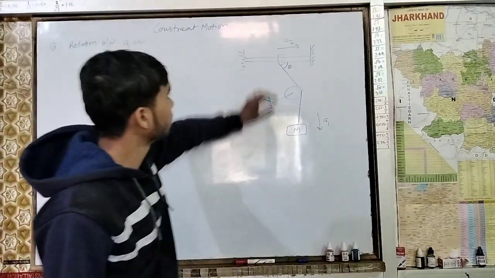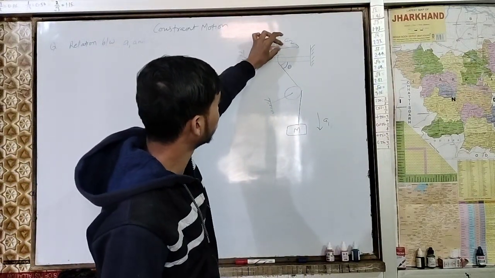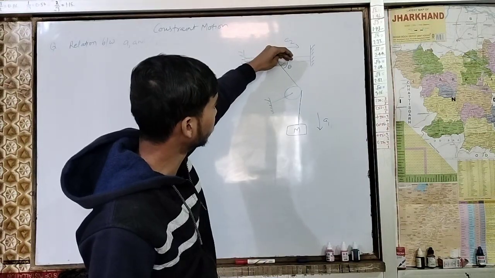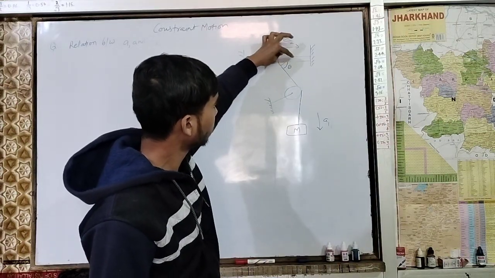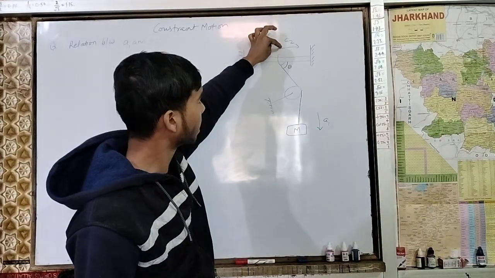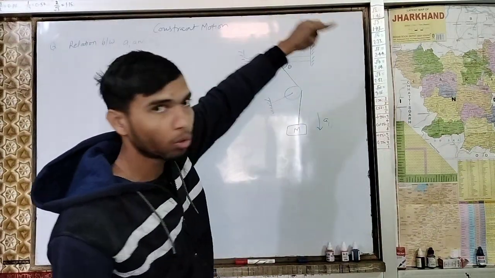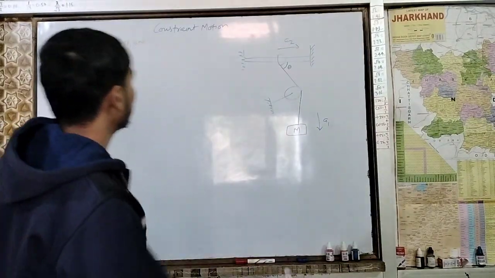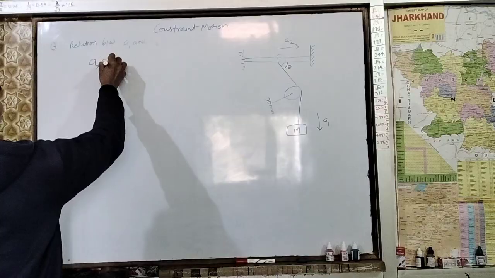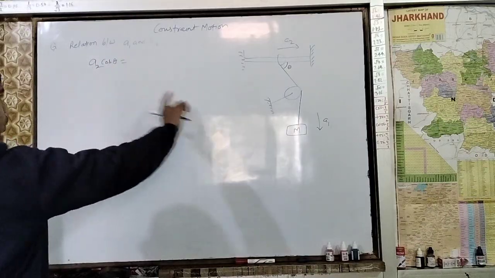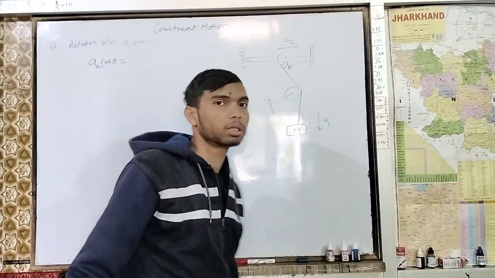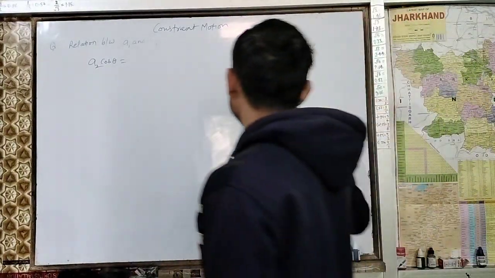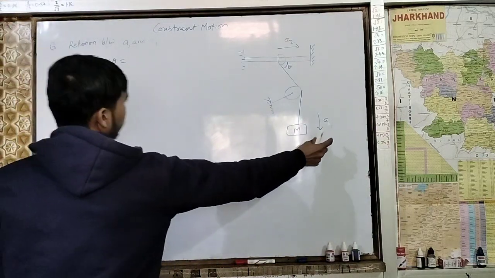So over here the component of A2 along this string is with theta, so you can write A2 cos theta. The reason is this is along the string. Don't care about relative motion. And this is our A1.